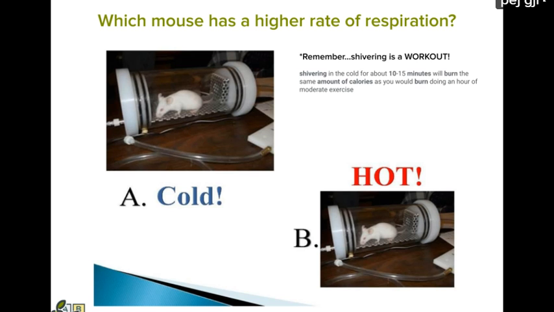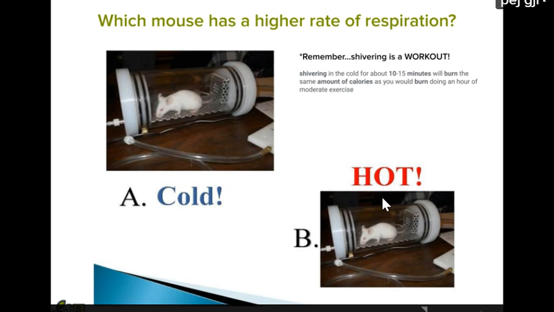If I put an endotherm in a cold environment versus a warm environment, you have to predict in which situation that organism would start breathing faster to take in more oxygen to make more ATP, because it has to use more ATP. So go ahead and put down your answers. Which mouse has a higher rate of respiration, this cold mouse or this warm mouse?